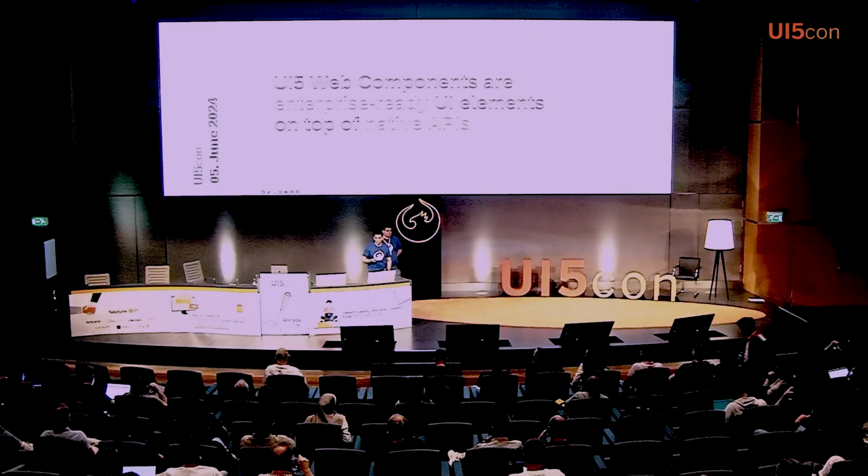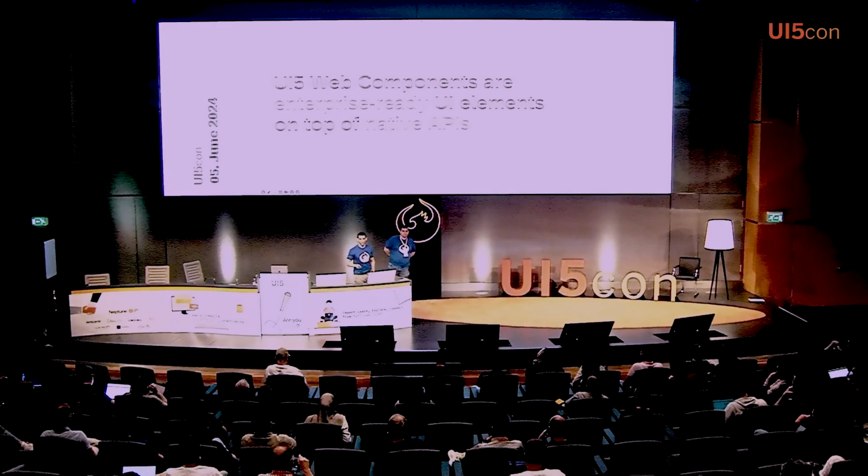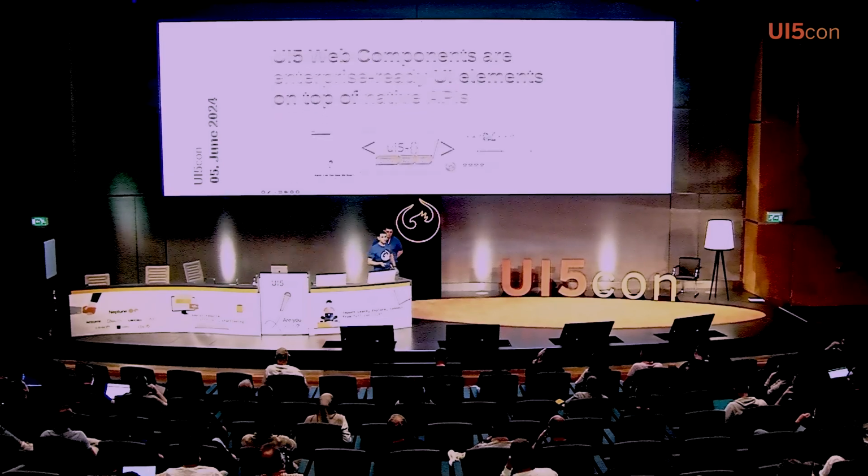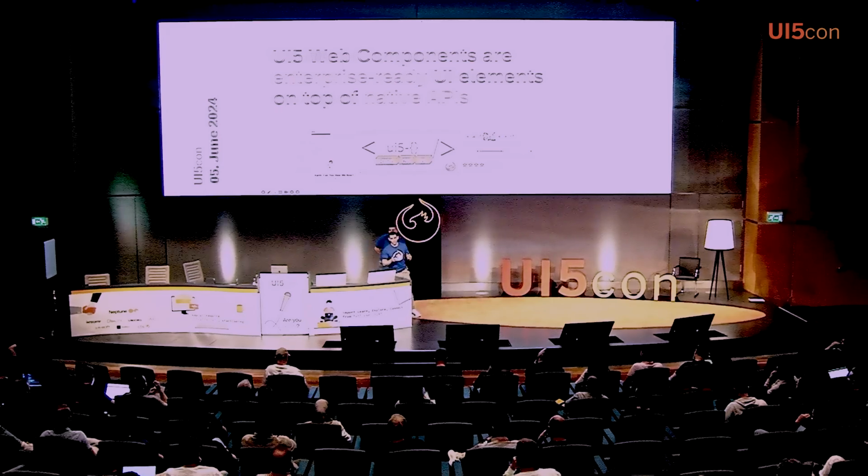Native APIs are also always great because we can base on that and it's supported everywhere. And we can also say that they're custom HTML tags, starting with UI5, and they encapsulate HTML, CSS, and JavaScript to provide both visual presentation and interaction behavior, basically the building blocks for your UIs.